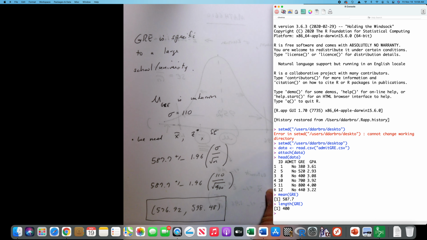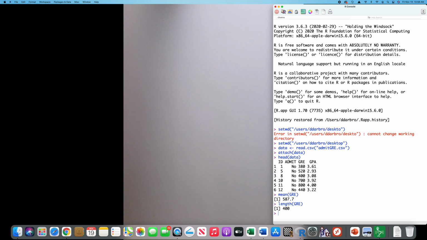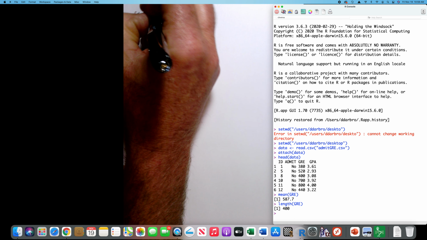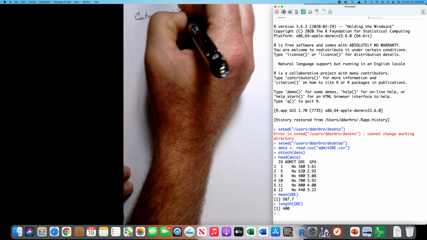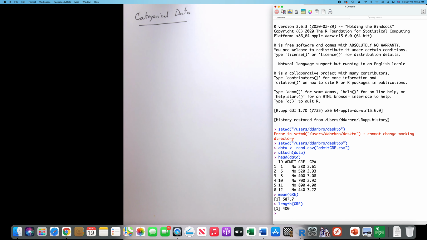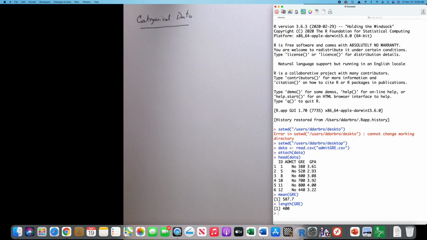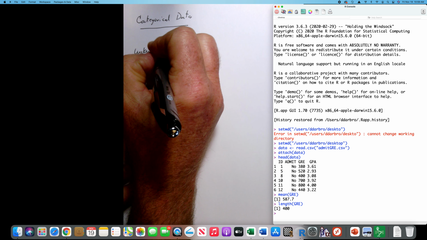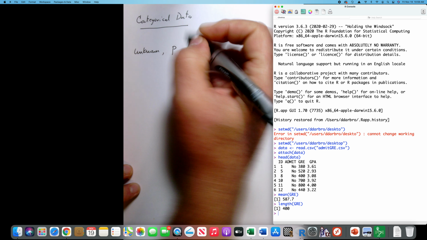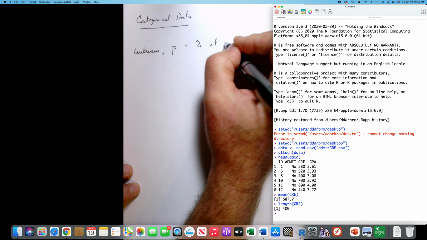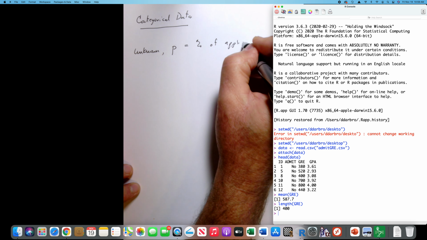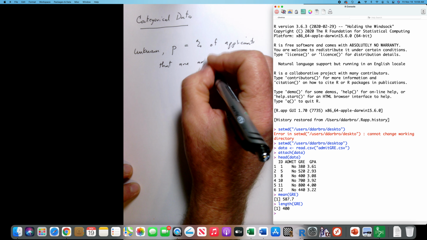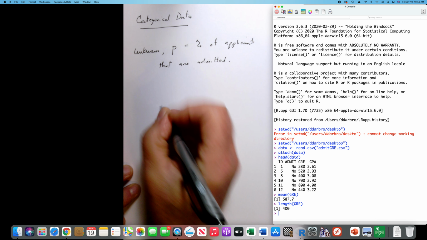Okay, now we also have the central limit theorem and sampling distributions that are helpful with categorical data. So let's say that the unknown here is P, which is the percentage of applicants that are admitted.